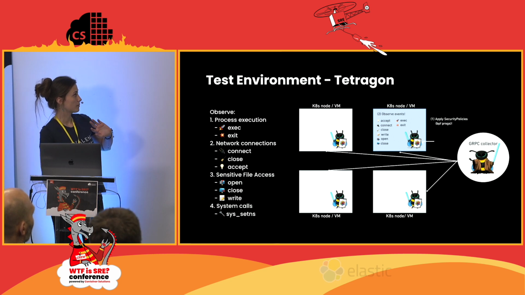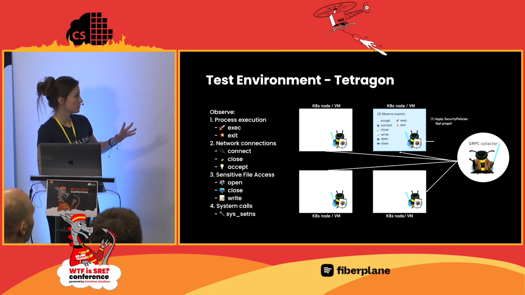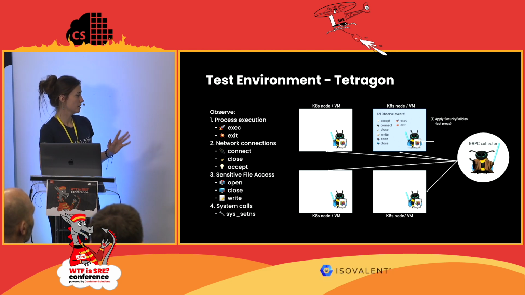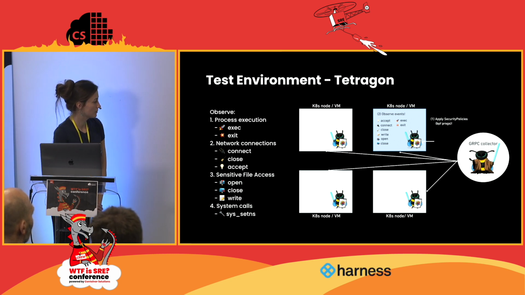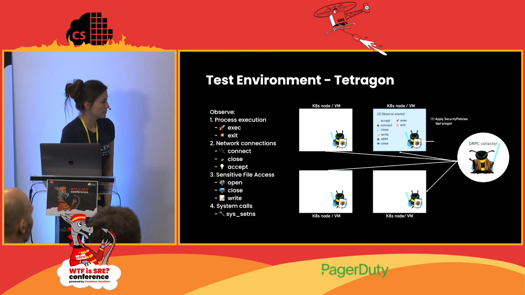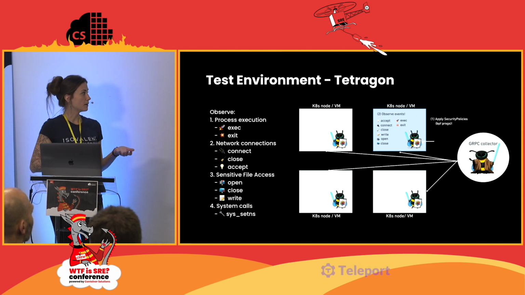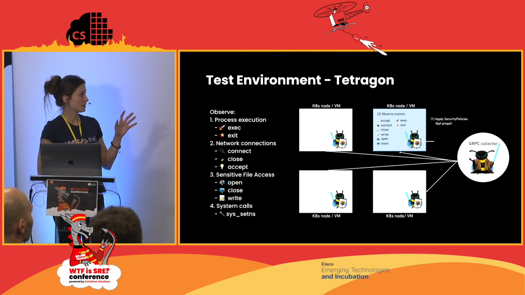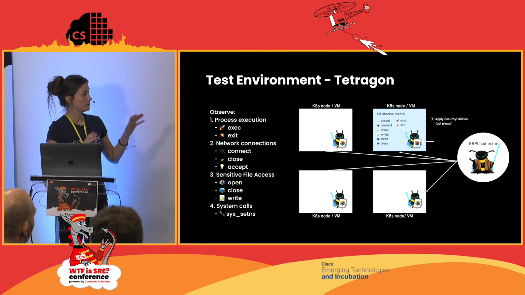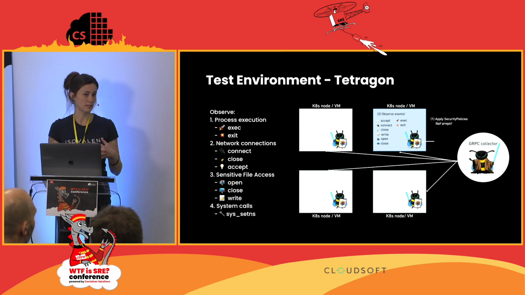You will see process execution, network connections, sensitive file access, and one sensitive system call, which will be sys_setns, changing namespace. If you ran a multiple node Kubernetes cluster, it would run as a daemon set on each node, and those events would be collected via a gRPC collector.